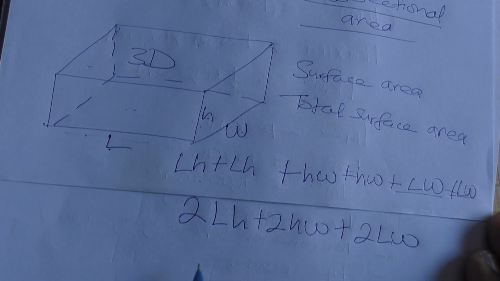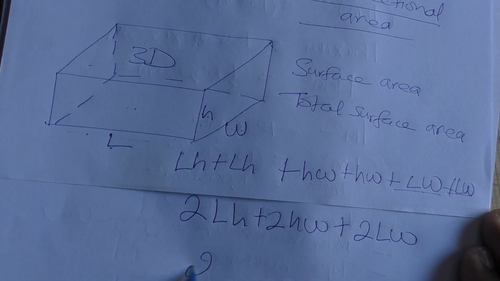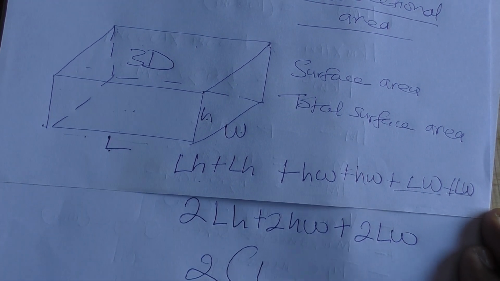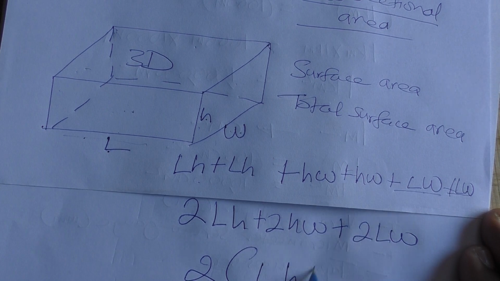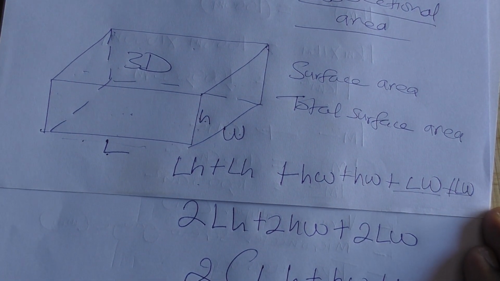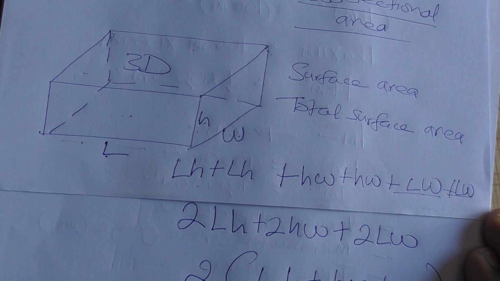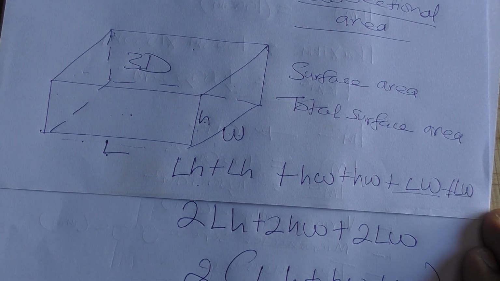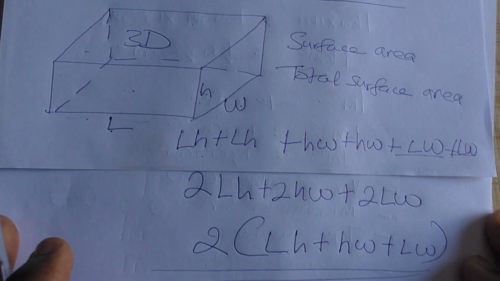Meaning the total surface area here would be 2, a common factor, times length times height plus height times width plus length times width. So this is the total surface area of a cuboid.